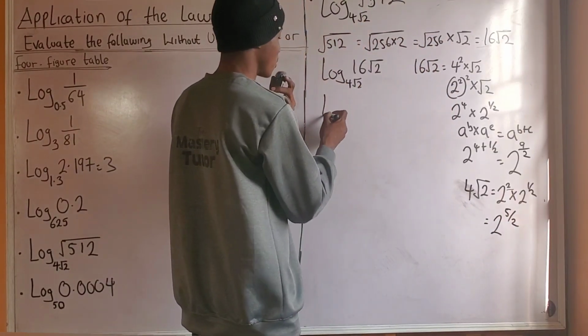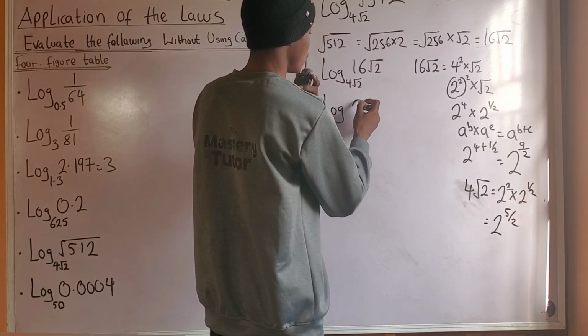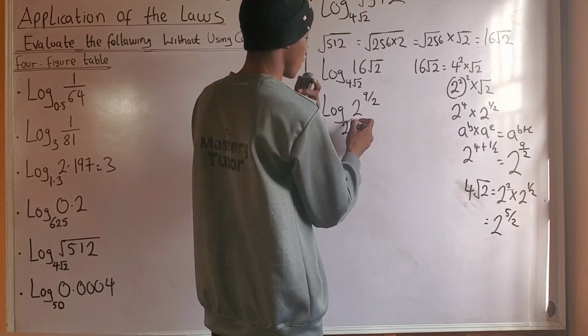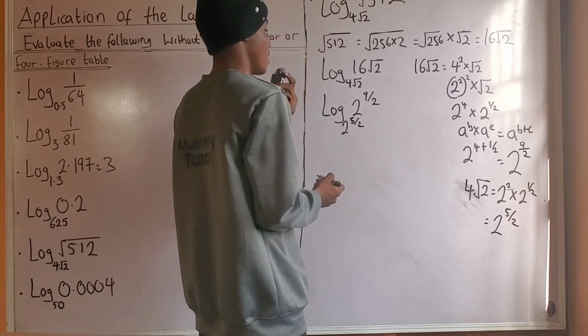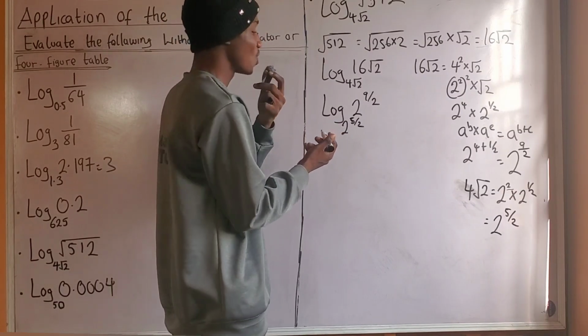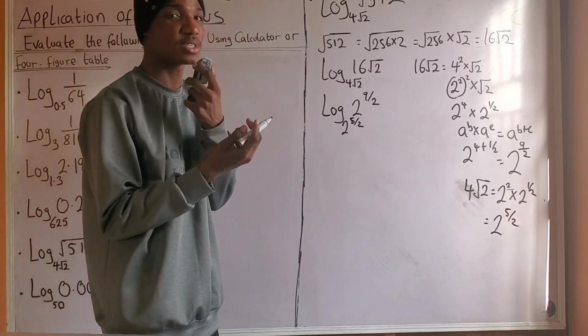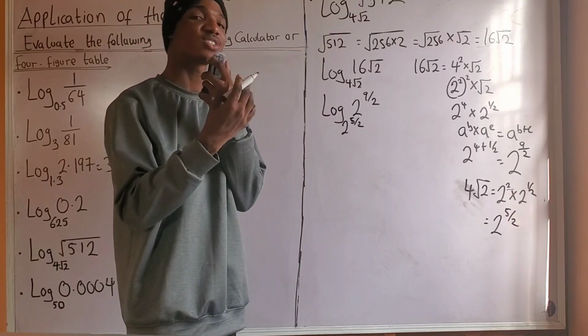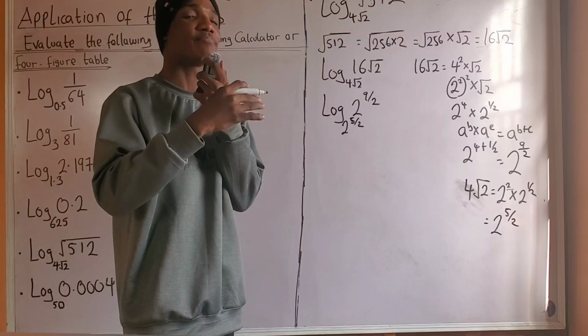Okay, so I'm going to have logarithm of 2 raised to the power of 9 over 2 base 2 raised to the power of 5 over 2. Now, the base here has a power, you understand? Anytime we have the base of a logarithm that has a power, the result will be the inverse of the power multiplied by the logarithm.